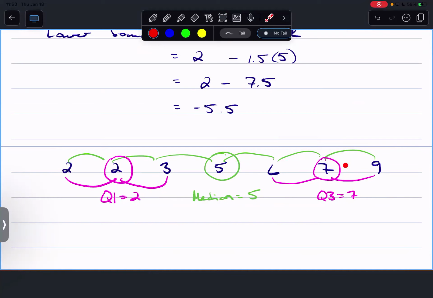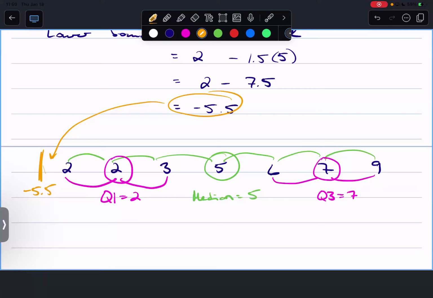We sorted them, so they're increasing. And so I can place negative 5.5 on this number line, and it would fall somewhere here. Then I can visualize that there are no values beyond this point, which means there are no outliers on the lower end.